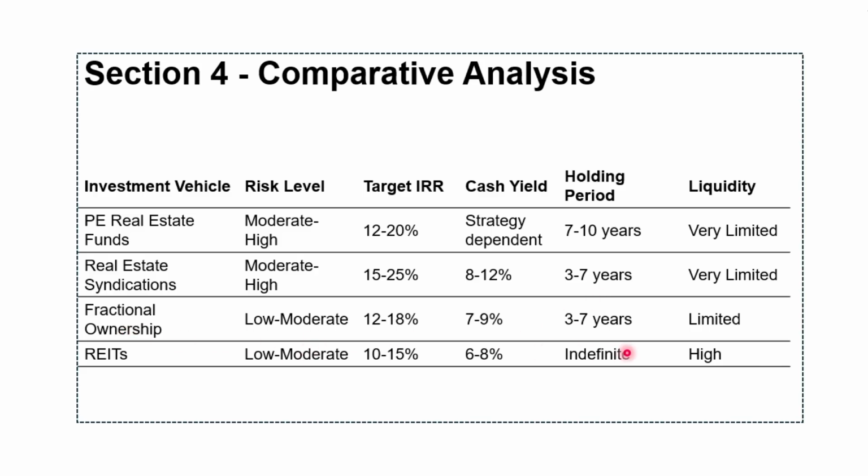And then for fractional ownership, we have 3 to 7 years as the investment term at least. And REIT is indefinite. It depends on what kind of investor you are, whether you are a short-term investor or a long-term investor. So you will decide on your own how long you want to stay in REIT.